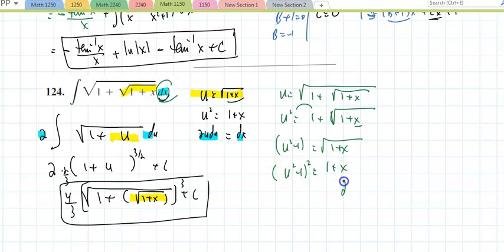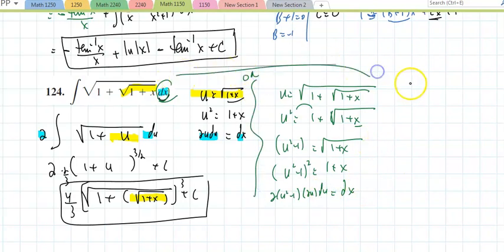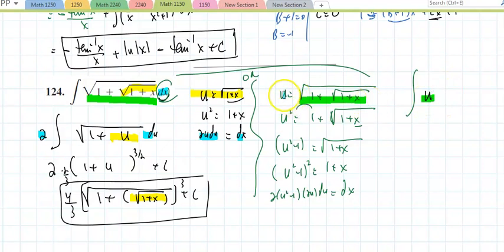And now they take a derivative. And they say, this is the integral. Here they chose u to be the entire integrand. And the x is actually dismissed.